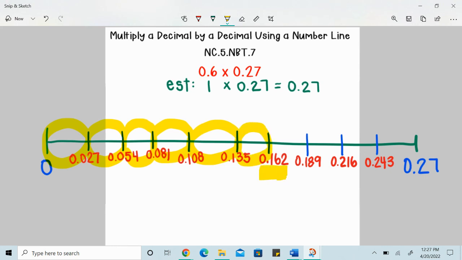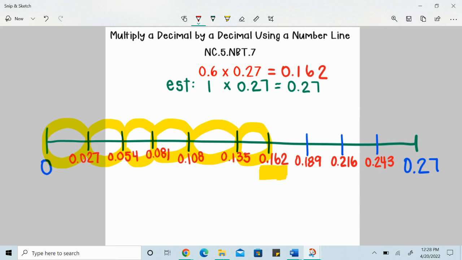So here's where I land when I take 6/10 of 27 hundredths. I land at 162 thousandths. And so what that shows me is that 6/10 of 27 hundredths is 162 thousandths.